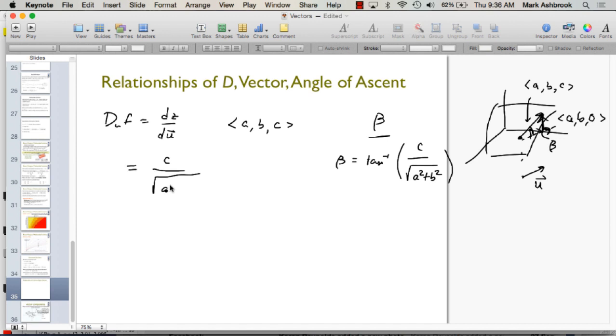Yep. So it's the ratio. It's the change in z, which would also always be in the ratio of c to square root of a squared plus b squared. And what about the relationship between the directional derivative and beta? What would that be in terms of beta? Tangent or inverse tangent? Tangent gives you opposite over hypotenuse, so it'll be just tangent of beta.